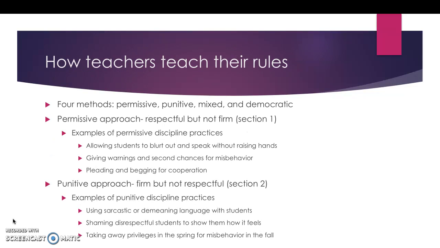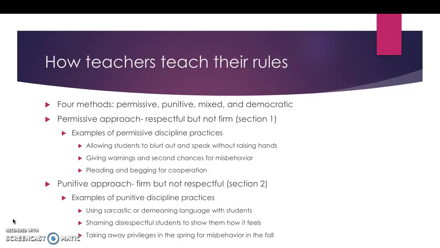So there are 4 methods or approaches that teachers use to teach and implement their rules. The first method is the permissive approach. The permissive approach is very respectful, but it's not firm. So if you scored the most points in section 1, you use the permissive approach.